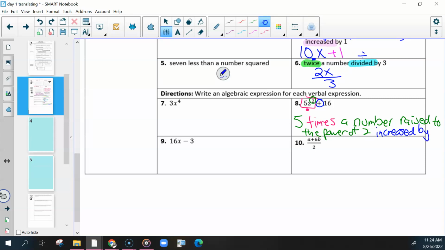Because we also want our sentence to make sense using our grammar rules. And then 16. So I'm just going to write the number 16. Do we have any questions on that one before we continue?